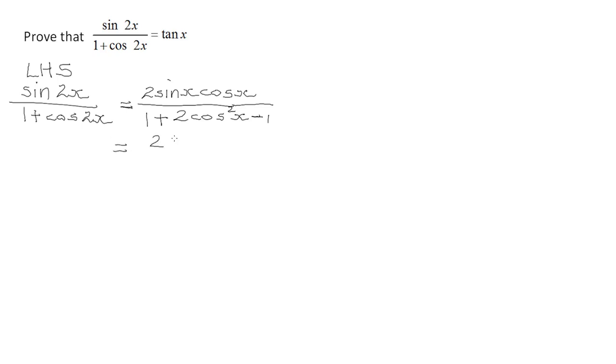You have 2 sine x cos x over 1 minus 1 cancel out. You have 2 cos squared x. And now you're going to simplify. 2 and 2 will cancel out. Sine will remain on top.